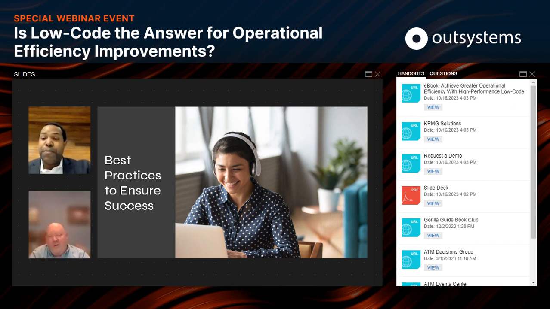Yeah, well, ultimately, as you know, every organization is different, and there's certainly not a one size fits all solution. And I know that OutSystems, and I'm sure KPMG as well, take the approach of meeting the customer where they are. So we really look at what you are specifically trying to accomplish. What are the goals and the outcomes you're looking for?